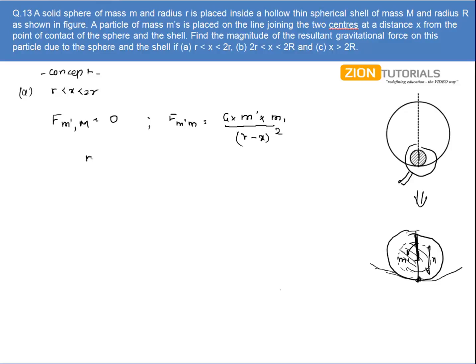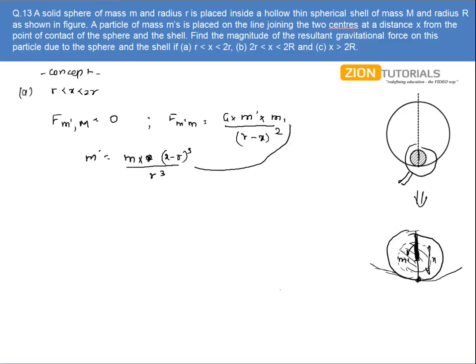The value of m1, as we calculated in previous problems, is given by the total mass of this sphere, small m, into this distance, x minus r, whole cube, divided by small r cube.